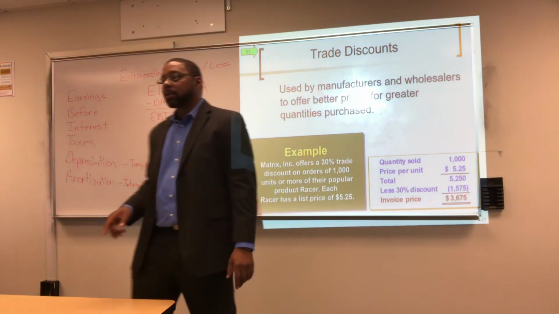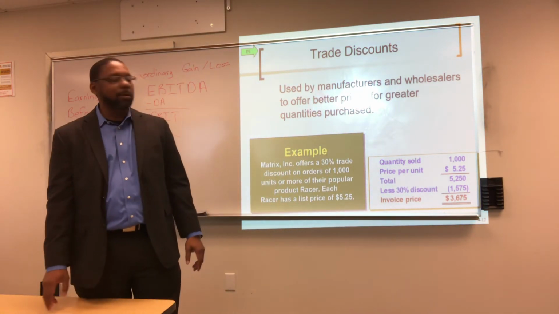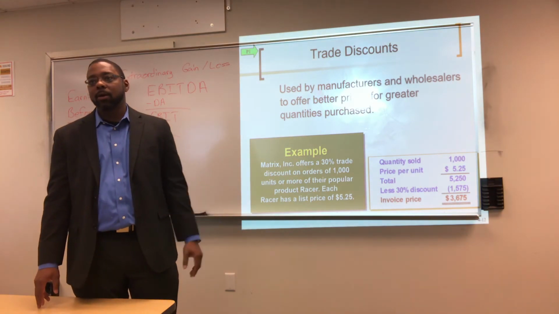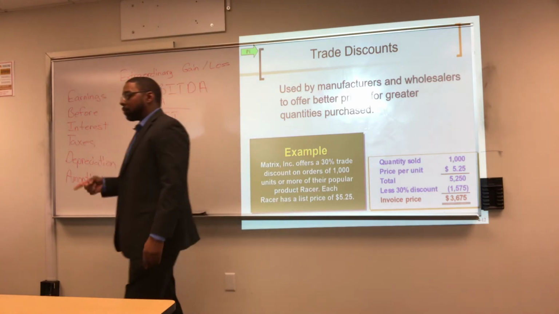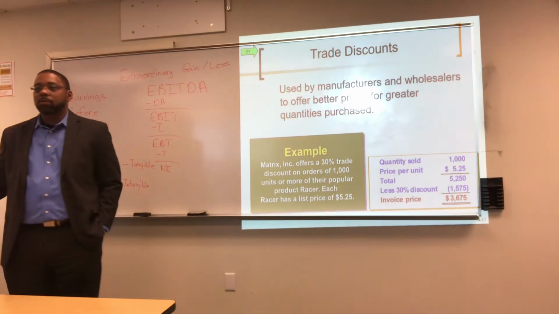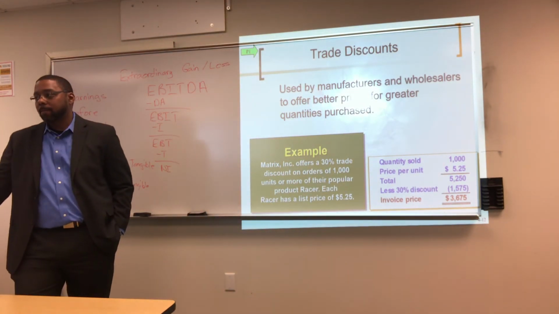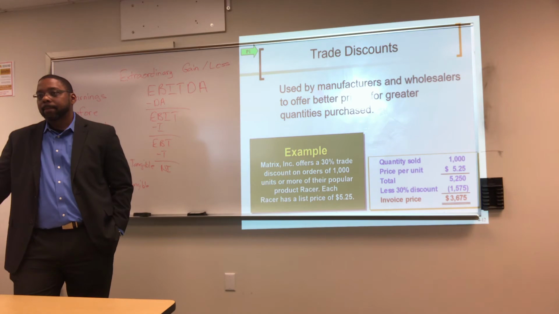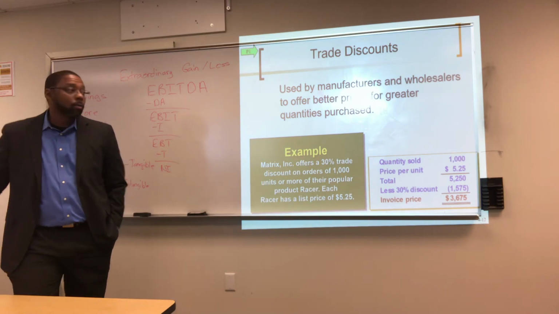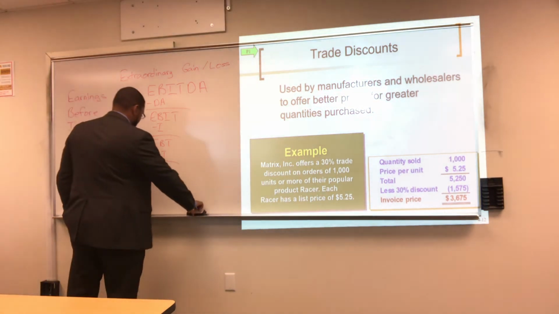You'll see in a couple of slides later, if you have a return or an allowance, you'll take that before the discount. Everybody with me? But here it's just a discount, so we're just gonna take it.